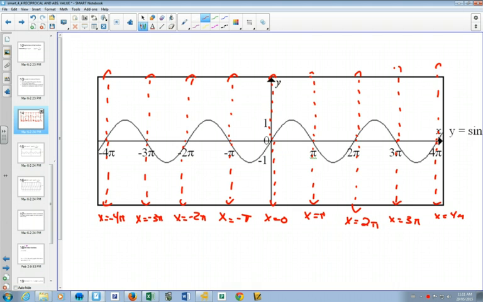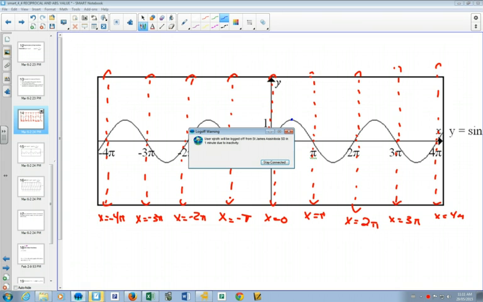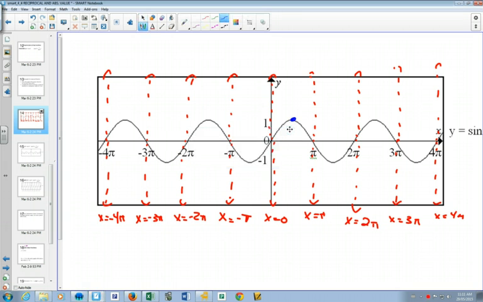Now, when we start looking at values that we know, can you see that you know this value right here, at pi over 2, comma 1? What's going to happen to that point? It's going to stay the same.